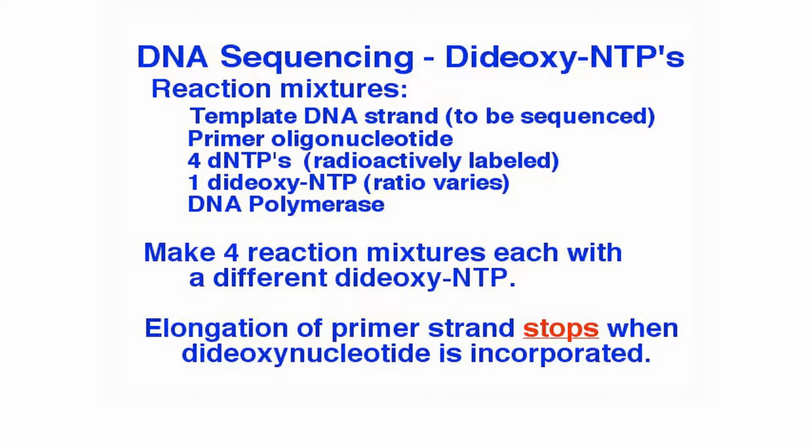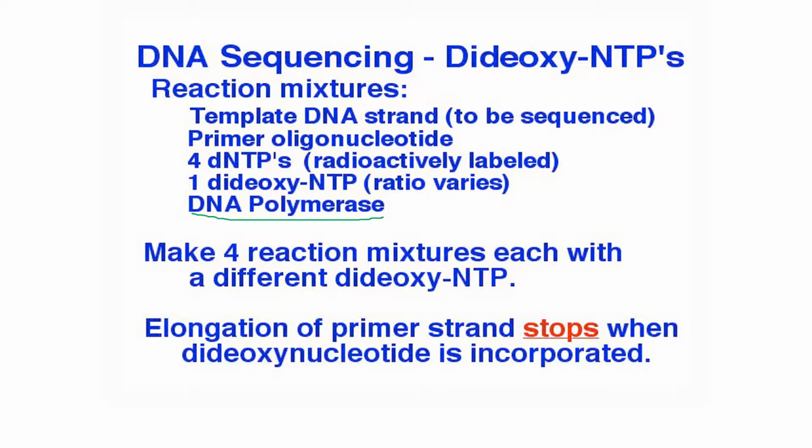We also need the 4 dNTPs, ATP, GTP, TTP, and CTP, and these are radioactively labeled, often with P32. We also need 1 dideoxy NTP, and we'll talk about how this ratio varies. And of course, we need a DNA polymerase.